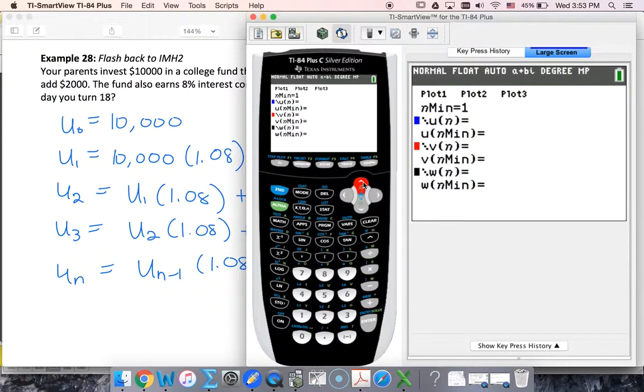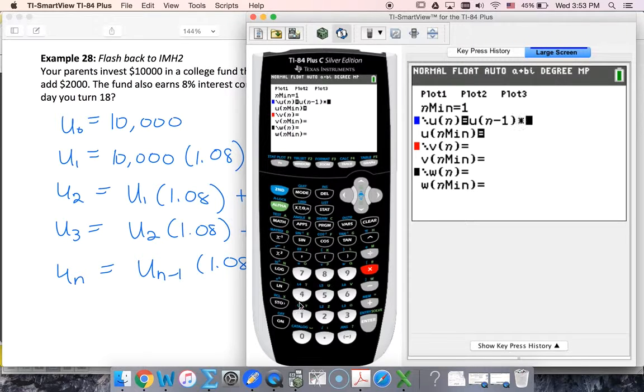Okay. So our starting n, we could say, is 1. That's fine. That's our first year. And our U sub n is going to be our previous term. So I'm going to go into alpha trace to get my previous term. So that's going to be U of n minus 1.